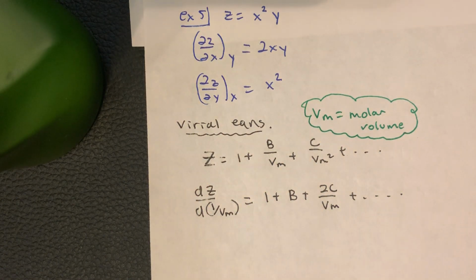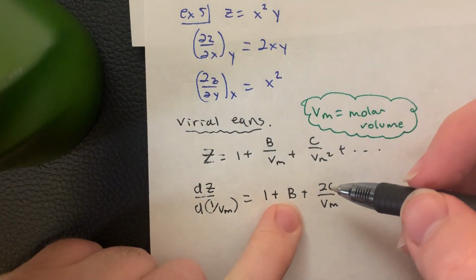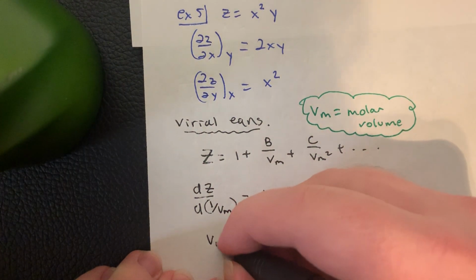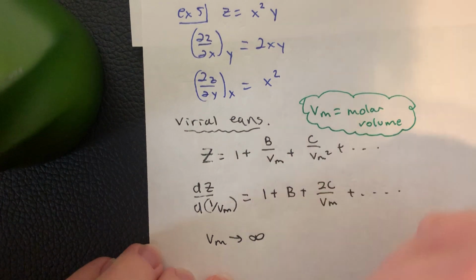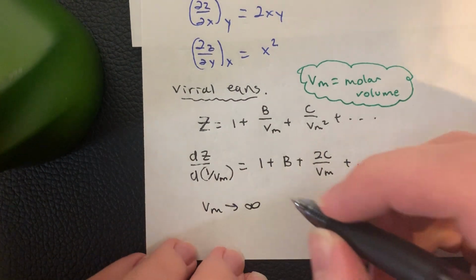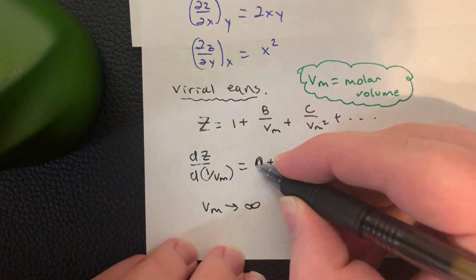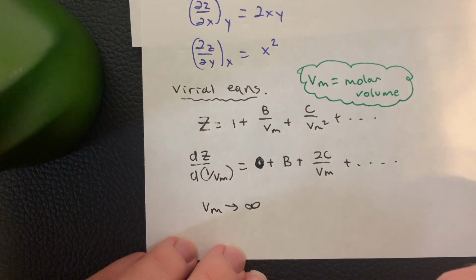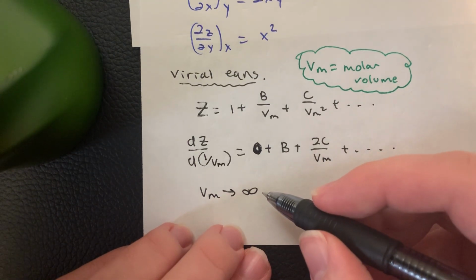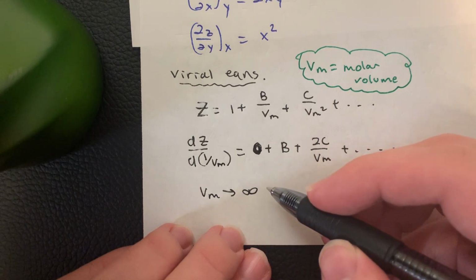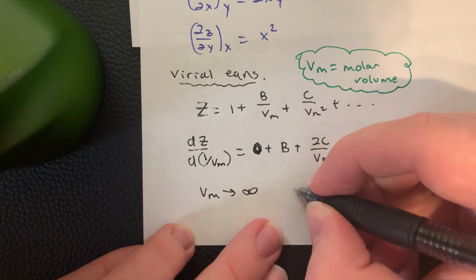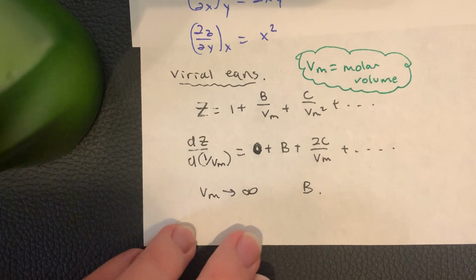So what happens as Vm approaches infinity? Oh, sorry, that is a 0. The derivative of a constant is 0. So as Vm approaches infinity, the only term that was left is b.